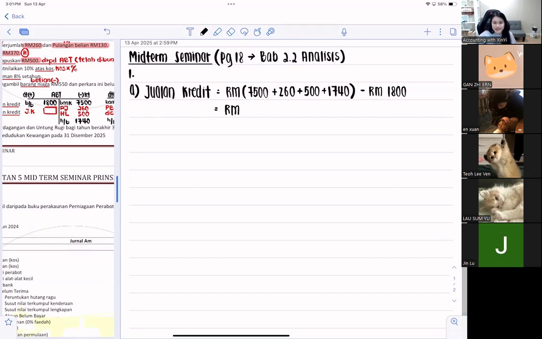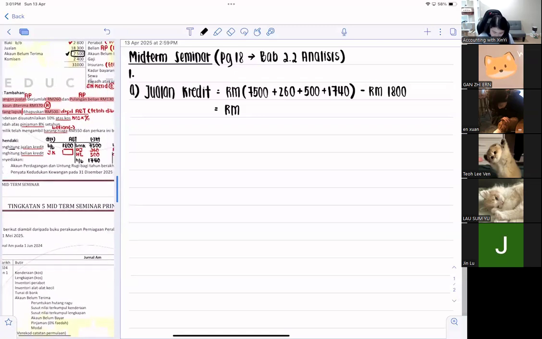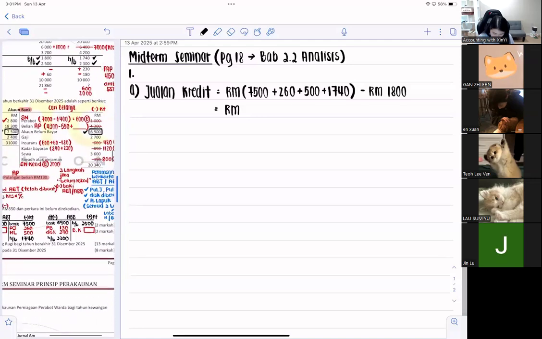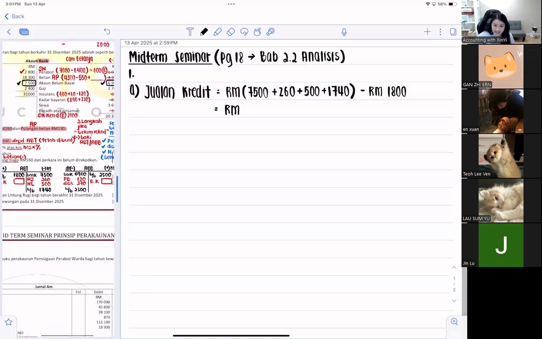Okay, so can you all tell me what's the number you found here? 7,500 plus 260, 500, 1,740 minus 1,800, yeah, 8,200.